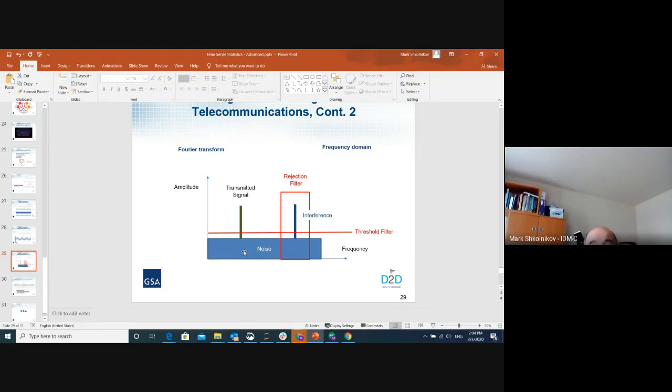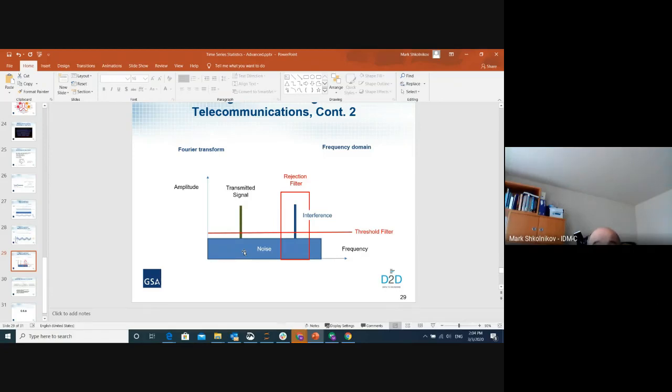And what's more interesting is that the radar is sending its signal, sending pings time after time after time. So on the receiving end, you can detect it once, detect it twice, detect it 10 times, 100 times, and you can sum them up.